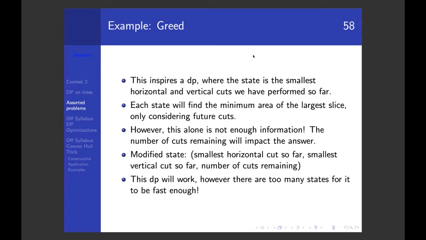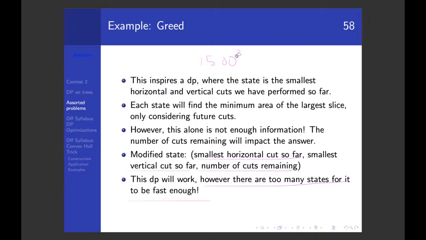However, a DP like this will work, or works in quotation marks. It's the correct answer. However, there are too many states, because we already have H times V times K, which is already 1500 cubed states, which is already too many states to solve a DP.